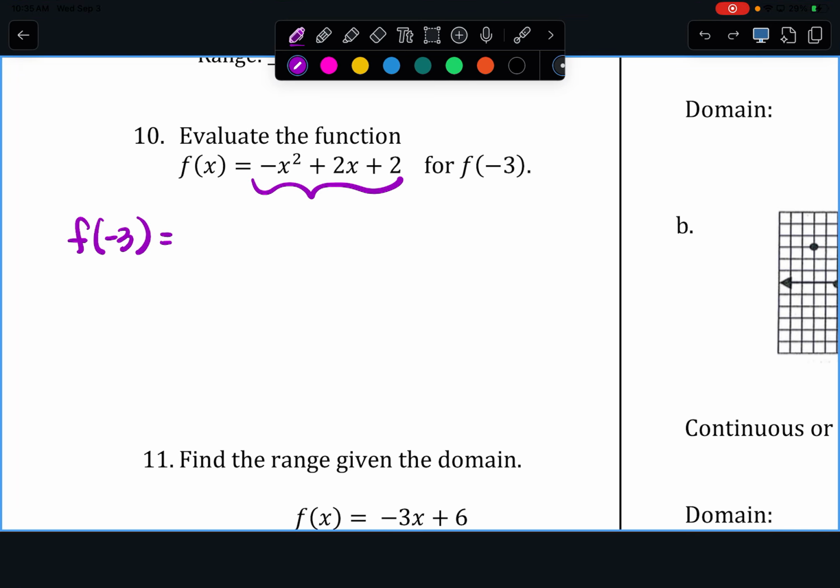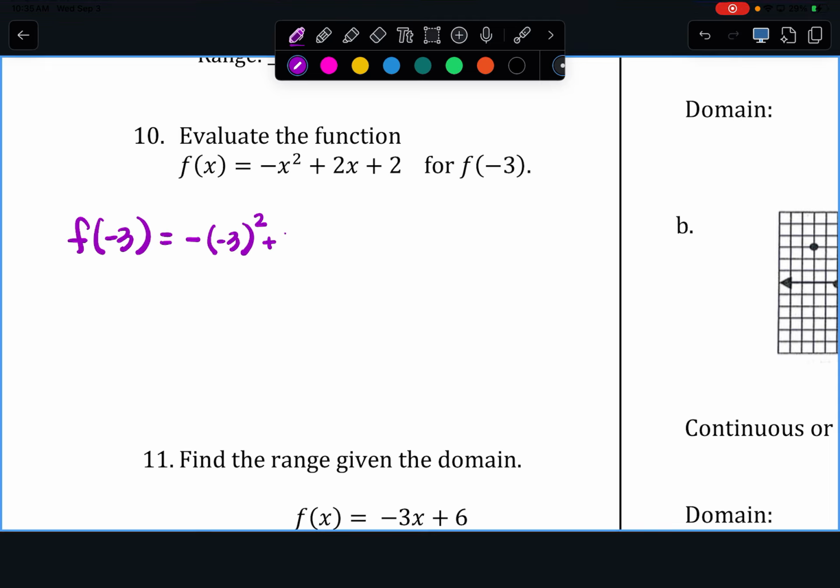It is so, so, so important. So when I rewrite this function, I'm going to bring down the negative, and then I see an x. So I'm going to put a -3 in his own little set of parentheses, and then the square goes on the outside. Only the -3 should be in the parentheses, nothing else.